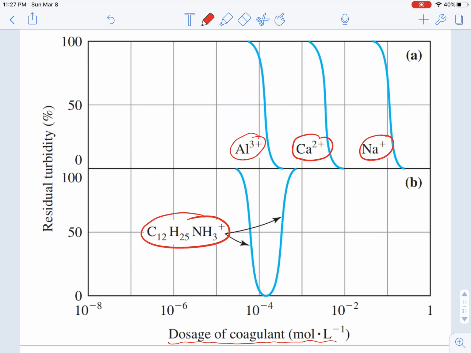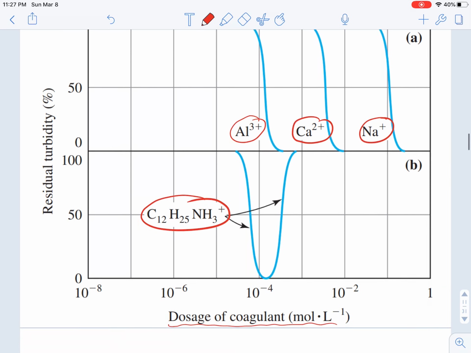They can also work to remove these larger colloids, but the problem is that it is very sensitive to the concentration of the coagulants. If the concentration is too high, then these flocs will get resuspended in the water, and you can see that the turbidity will increase again.